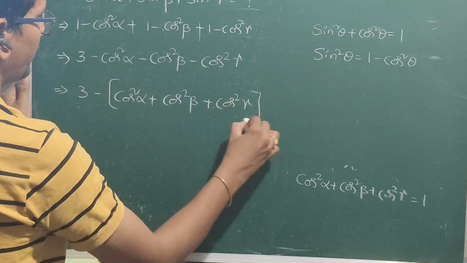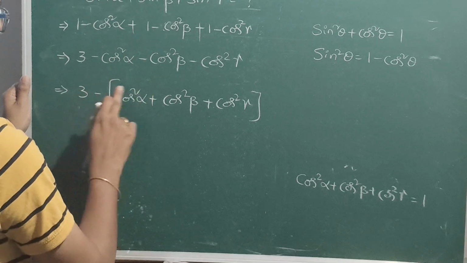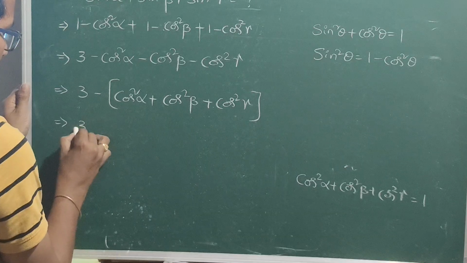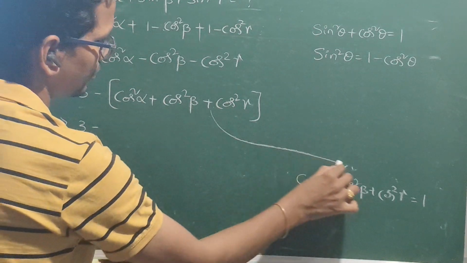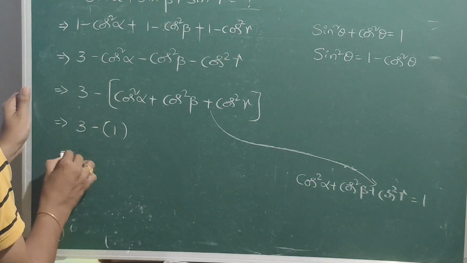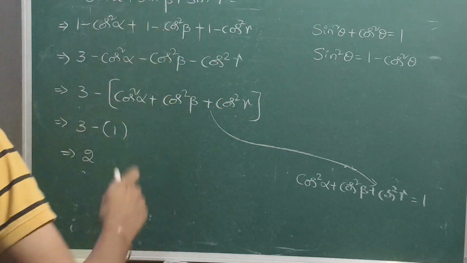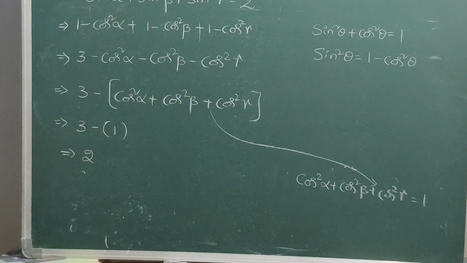Minus into plus gives minus. Now cos square alpha plus cos square beta plus cos square gamma is equal to 1, so 3 minus 1 is equal to 2. That's why sine square alpha plus sine square beta plus sine square gamma is equal to 2. That's a very important question for IIT and NEET level examinations.